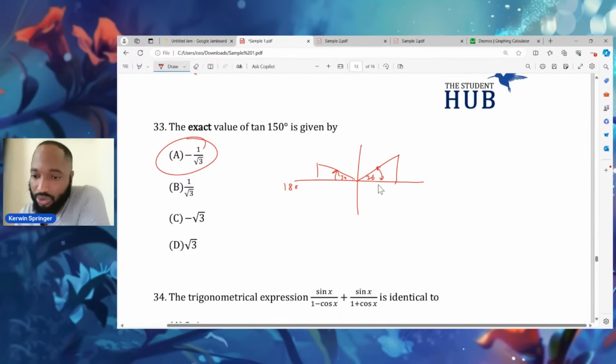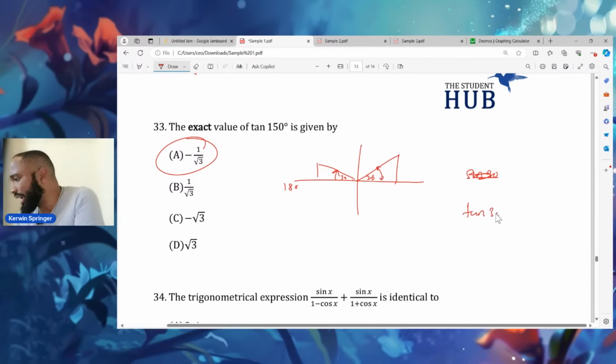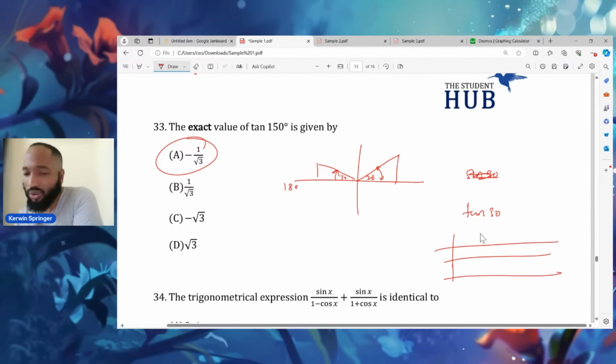This is like using the unit circle. You should know what the tan of 30 is. Once again, I don't have this memorized perfectly. I kind of lost my memory of it, but I can work it out.